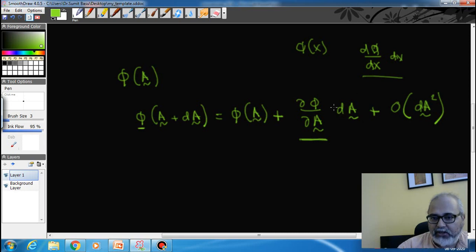So a second order tensor and another quantity can give you a scalar only when you put two dots here. That means if you put two dots here, this quantity will be a scalar provided this is also a second order tensor.